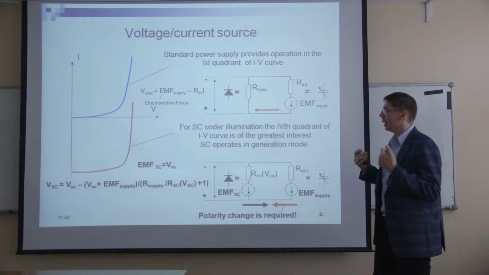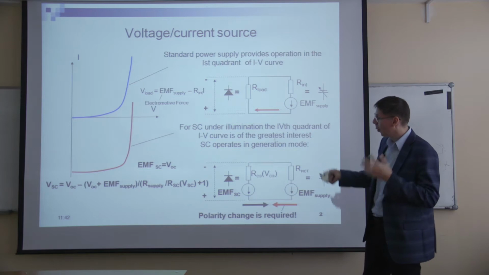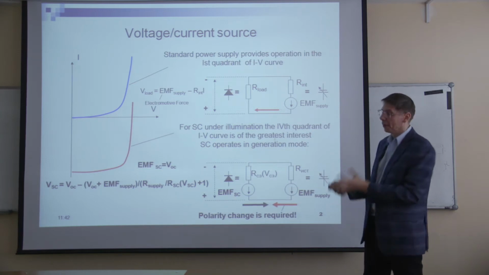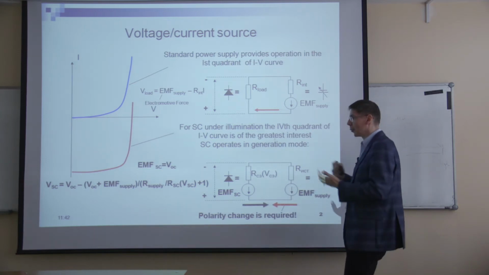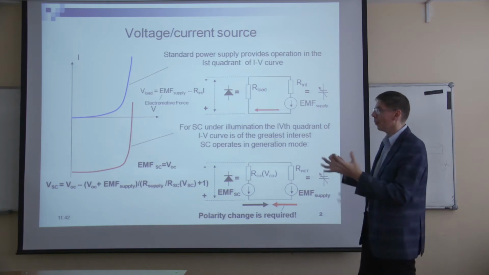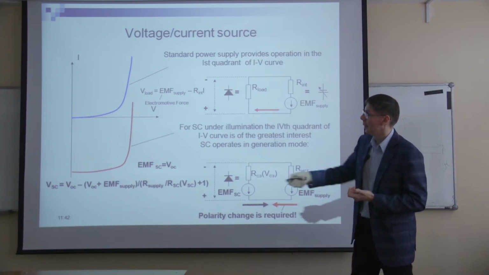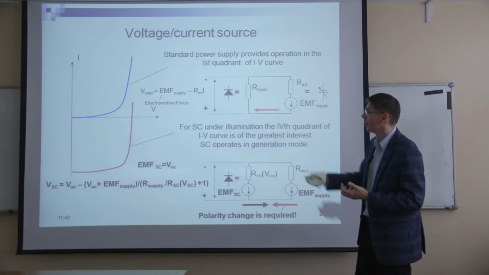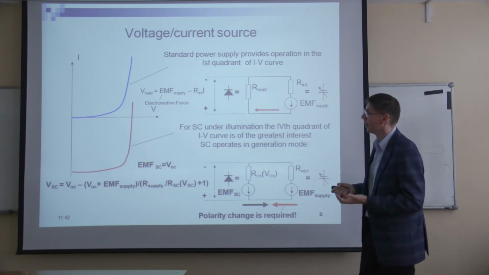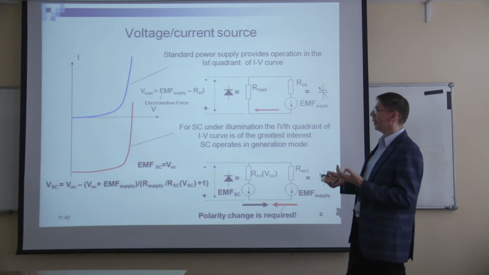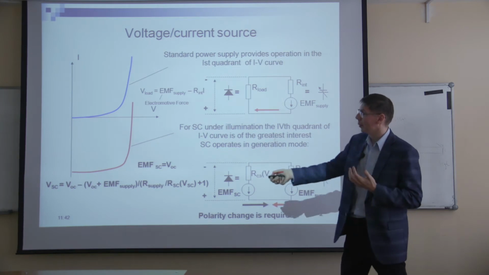So if you have a very low internal resistance, it's equivalent to a high power or large area solar cell. In this case, the voltage of your IV curve would be equal to some value which is near to the VOC.